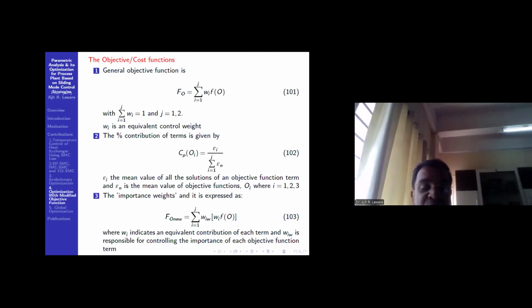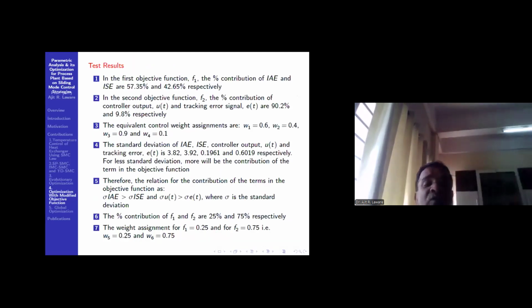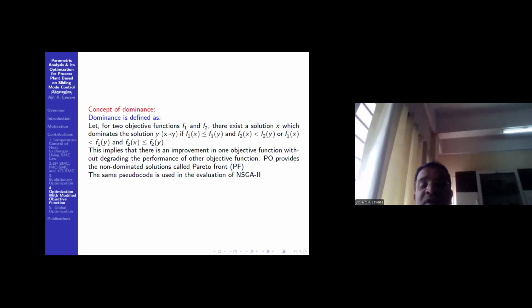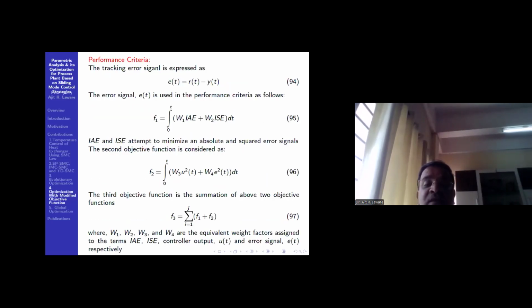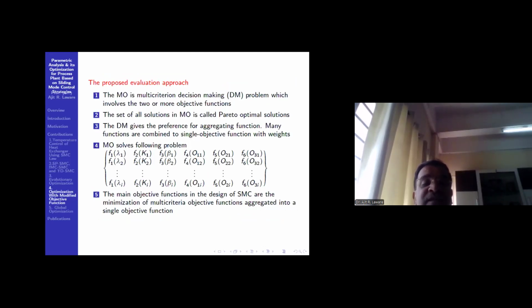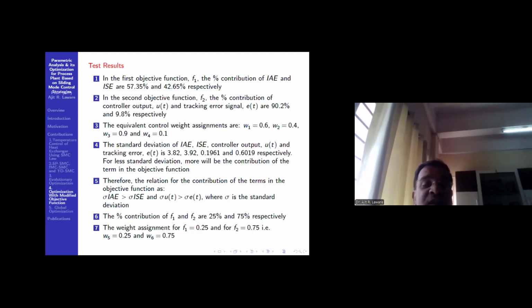W is the importance weight. So how can this happen? In the first objective function F1, we have W1 IE plus W2 ISC. Here the percent contribution of IE and ISC is this one, where the weights are 0.6 and 0.4, and W3 0.9, 0.4.